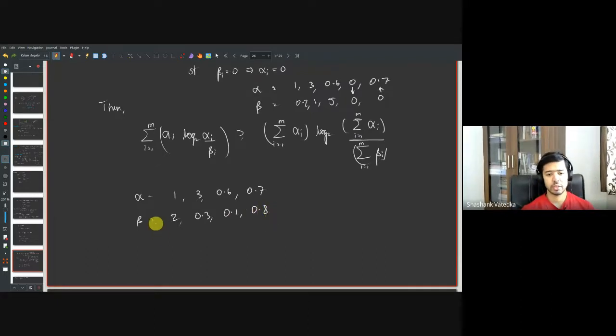Can maybe one of you compute the left hand side, summation over i, alpha i log alpha i by beta i? What is that going to be?